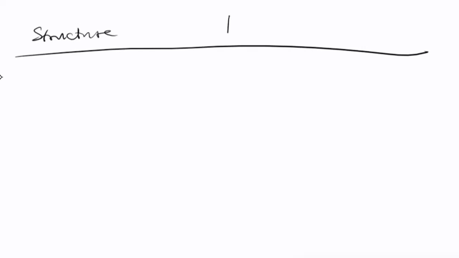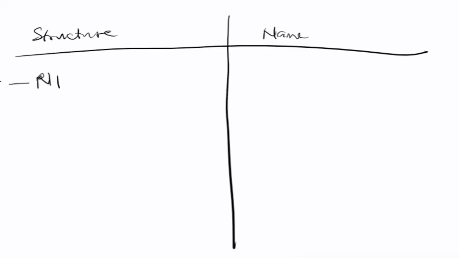If I have to make a table of this, this will be the structure, and then this will be the name. So the first is the onium ion, which is NR3.